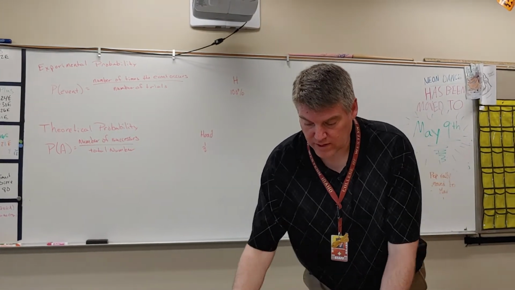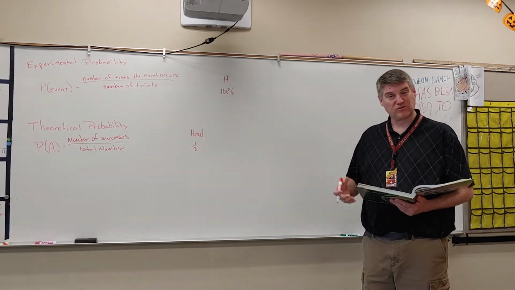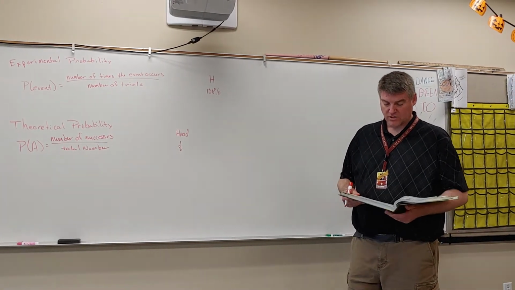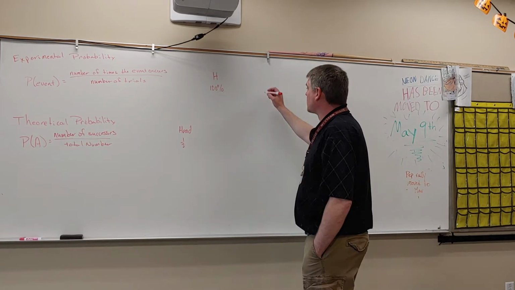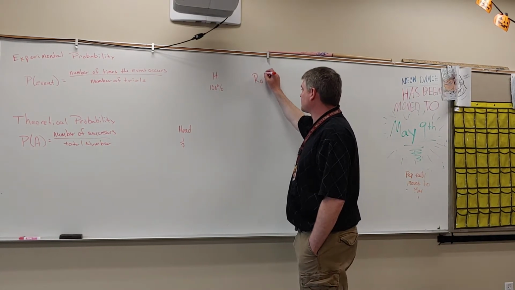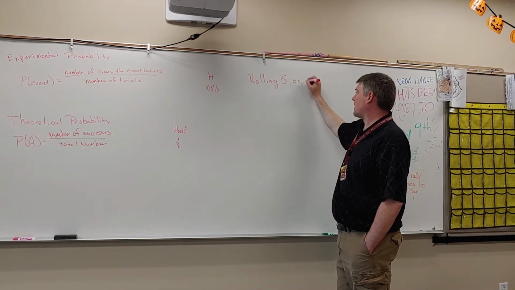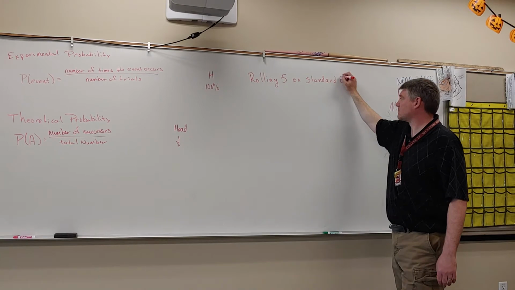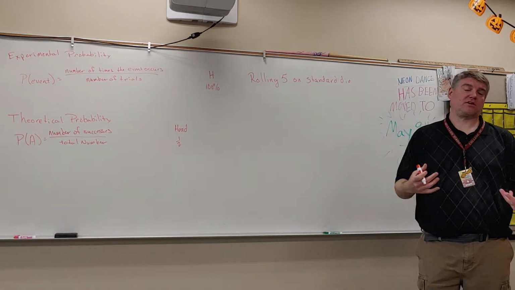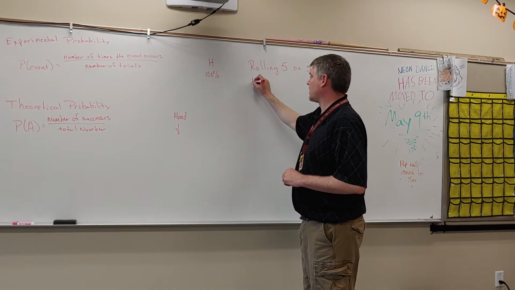So we're going to look at a normal six-sided die. So if I look at rolling, let's say, a 5 on a standard die. Well, how many 5s are there on a die? Well, there's only one 5 on the die. Okay?